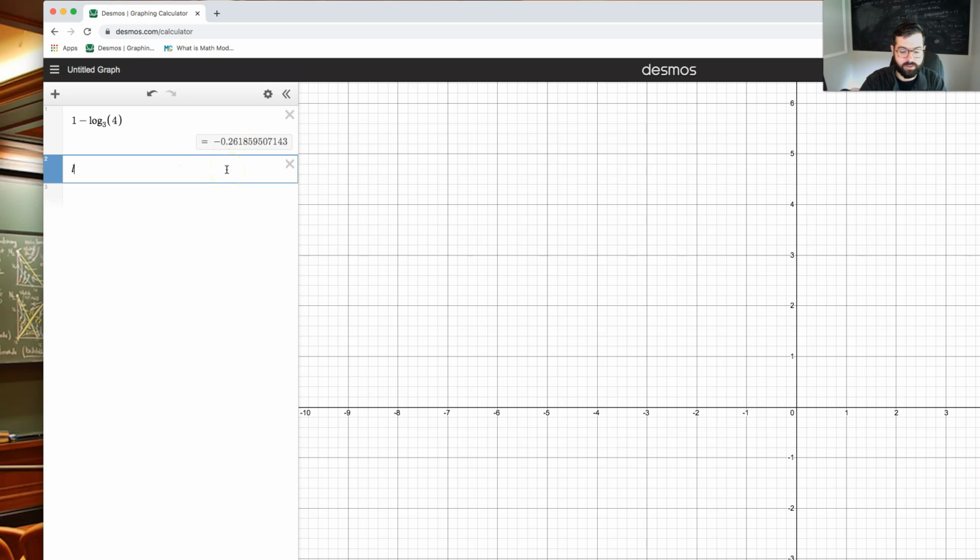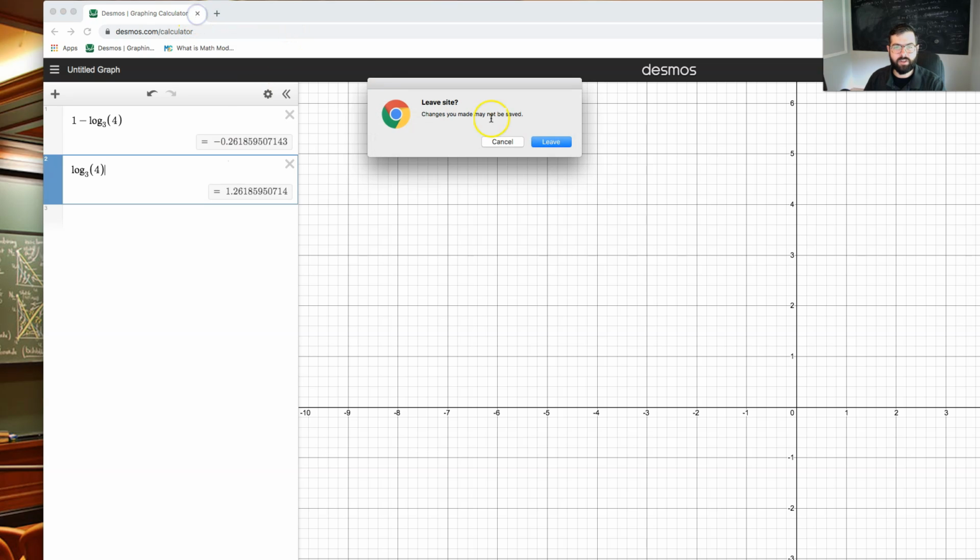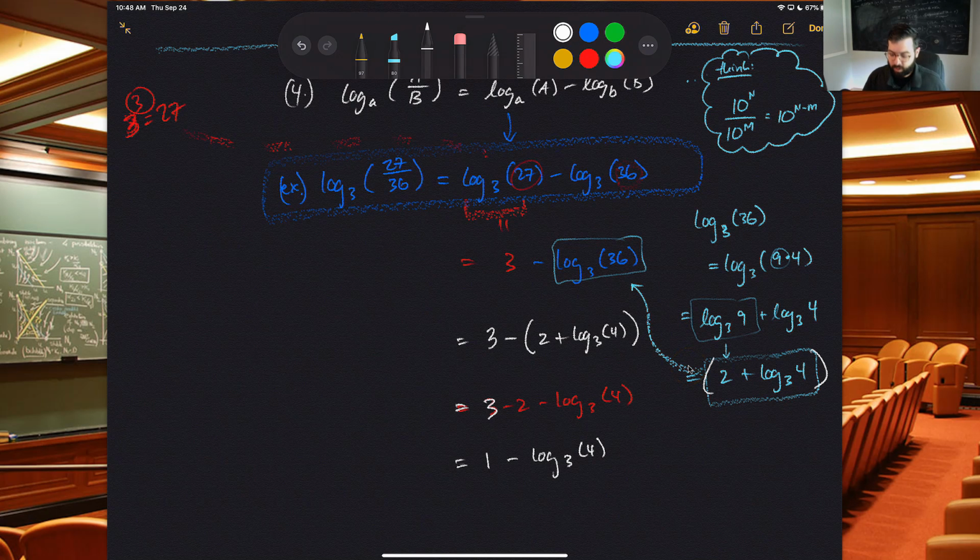So I actually underestimated a little bit what this power would be. Log base 3 of 4, 1.26. Okay, so we have some idea of where this number lands just by reworking it using these properties.